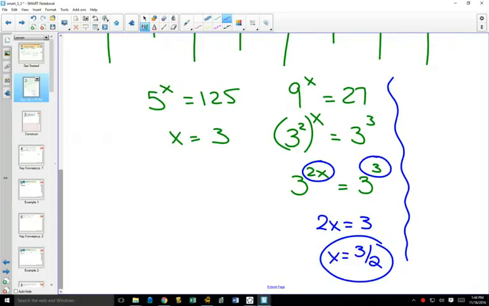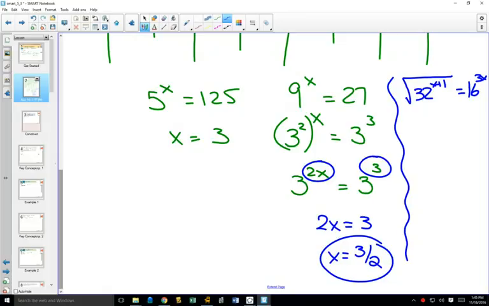Okay, so let's say you had the square root of 32 to the x plus 1 equals 16 to the 3x. Whew. Yeah, that's kind of a little bit nasty. So are either of those on the same powers chart?